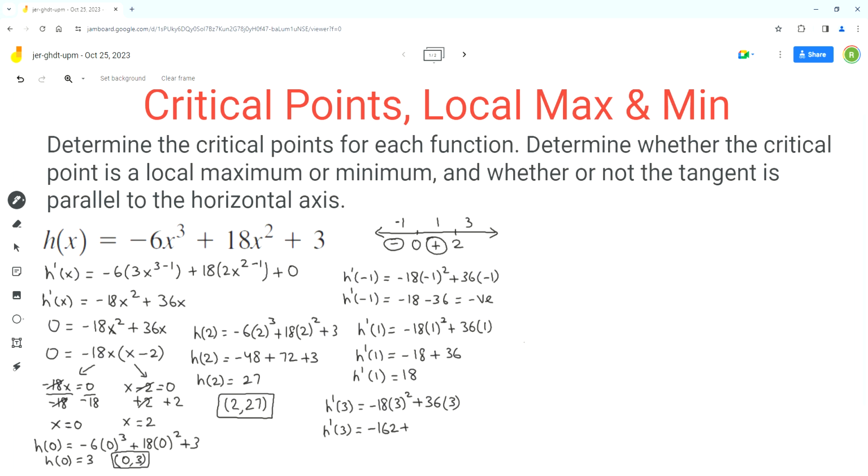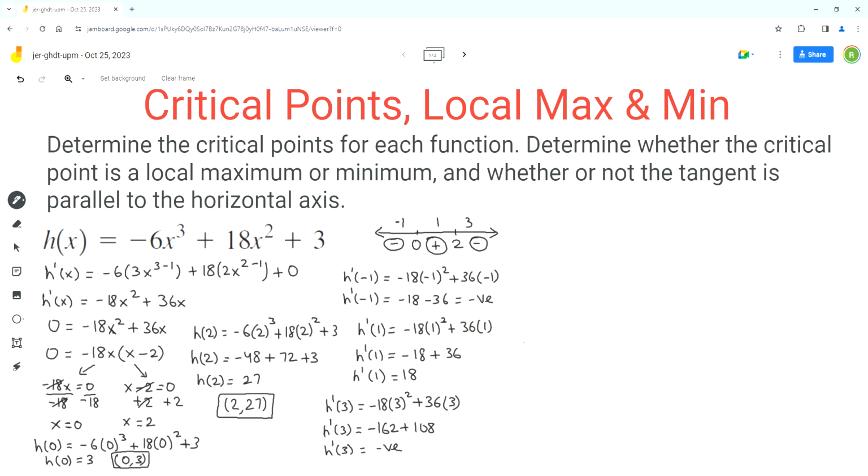And then 36 times 3 is equal to 108. So we get a negative answer for h prime of 3. So that means the function is decreasing to the right side of 2, because we got a negative value for h prime.